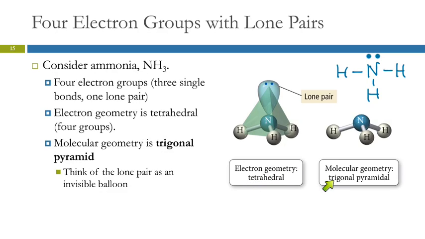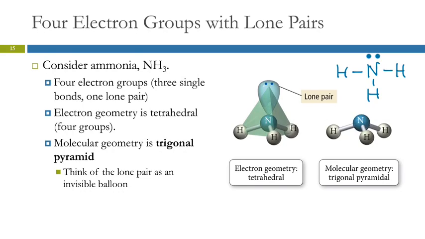The molecular geometry, we're only going to look at the atoms. So this is a lone pair, and a lone pair is repulsive. But electrons are very tiny compared to atoms. So if you think about what if we could actually see these atoms, those electrons would be so tiny that they'd be basically invisible, right?